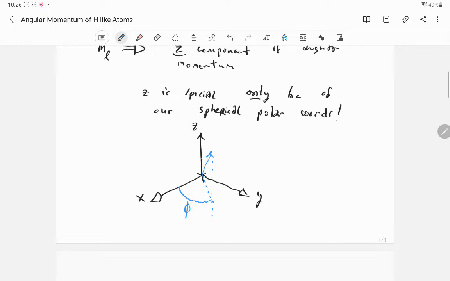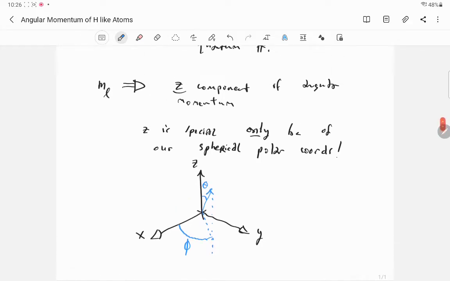But the polar angle is called theta, and theta is associated with m sub l. So just because our spherical polar coordinate system chooses z to be special, this is why m sub l is the z component of the angular momentum.